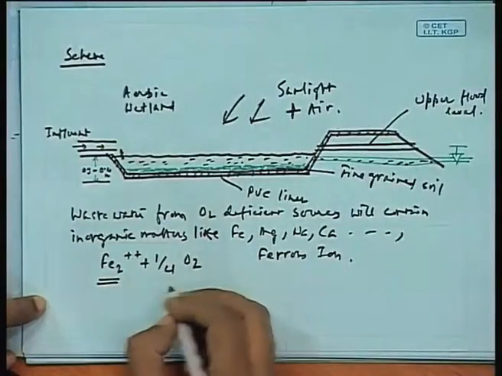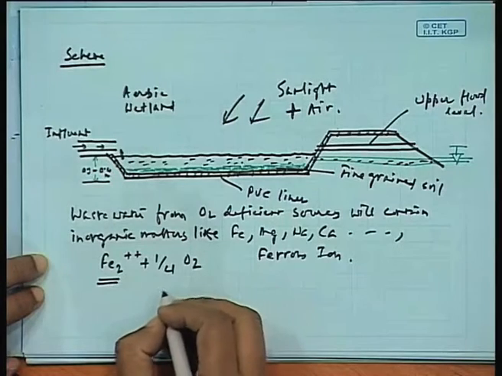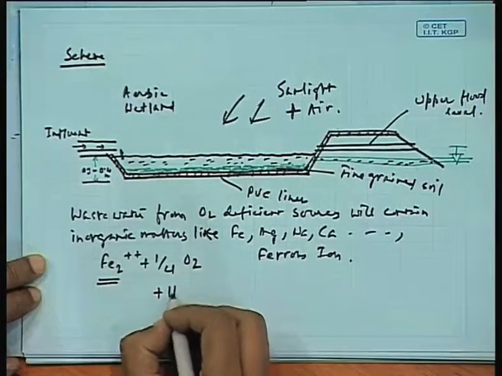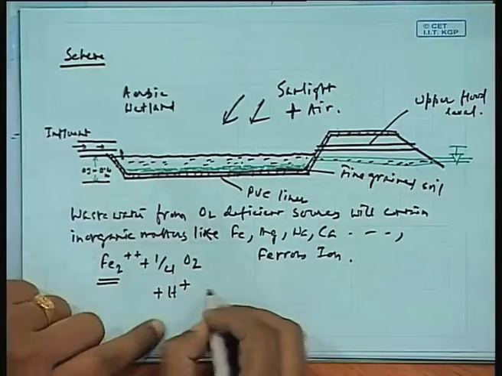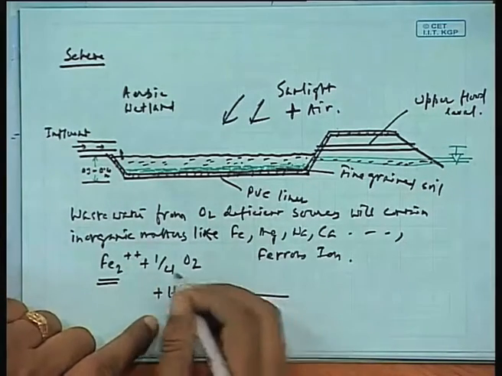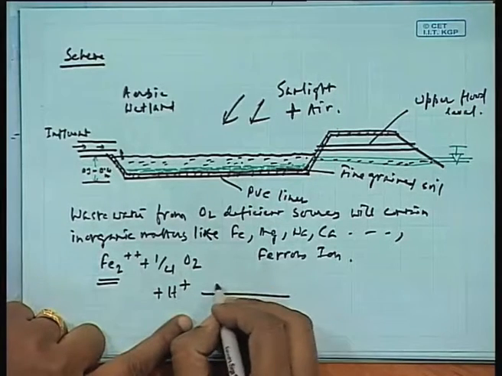As soon as it comes to that, see what kind of reactions we generally expect there. As soon as this comes in, this is H plus, which typically characterizes acidic mine water.